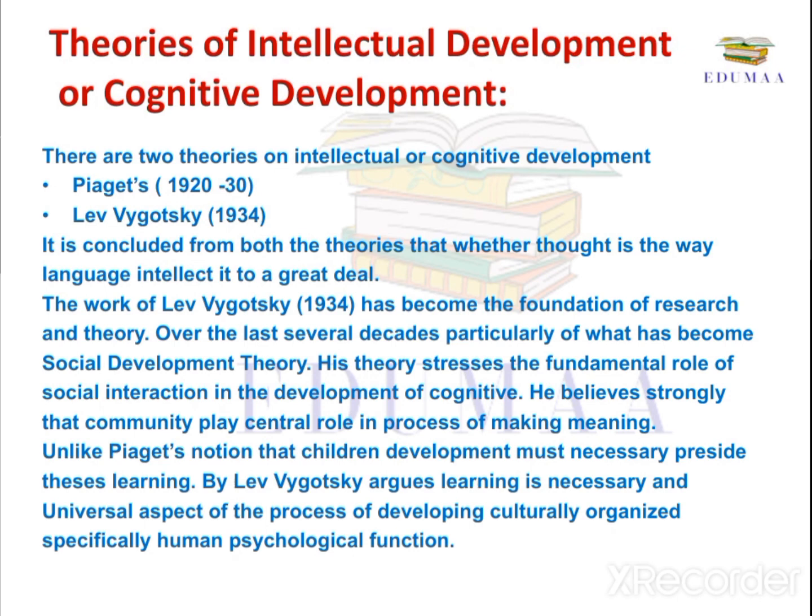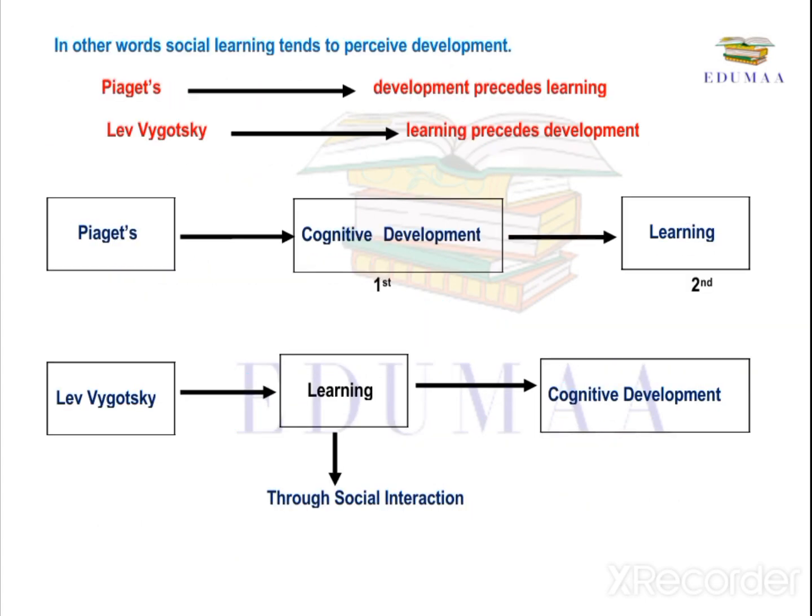Unlike Piaget's notion that children's development must necessarily precede learning, Vygotsky argues learning is a necessary and universal aspect of the process of developing culturally organized, specifically human psychological functions. In other words, social learning tends to precede development. According to Piaget, development precedes learning. But according to Vygotsky, learning precedes development.